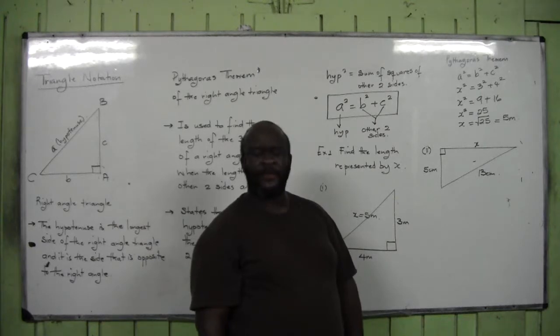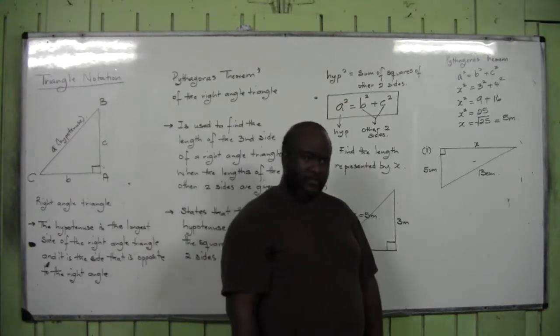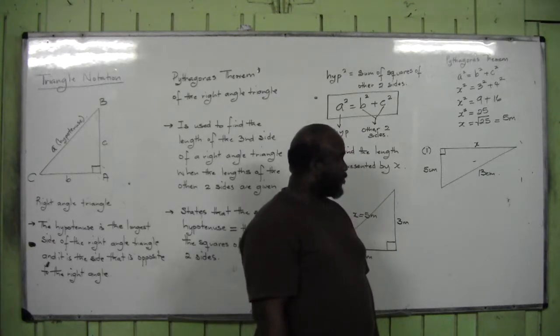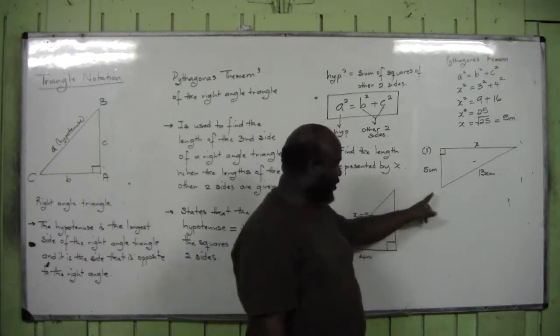Pythagoras Theorem. The slant side, is it x? No, I didn't say that. I said I know that the length of this side is 13. That's the hypotenuse.